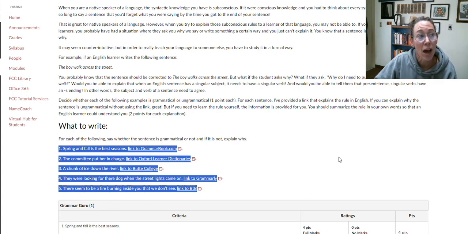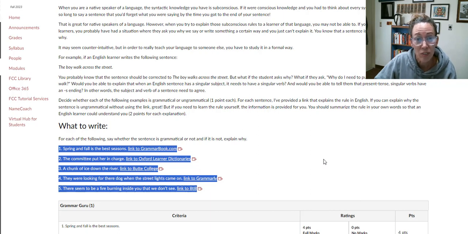So think about if we're talking to a non-native speaker of English, someone whose first language is not English, and they said one of these sentences, and you tell them, no, that sentence is not correct, you need to change it.